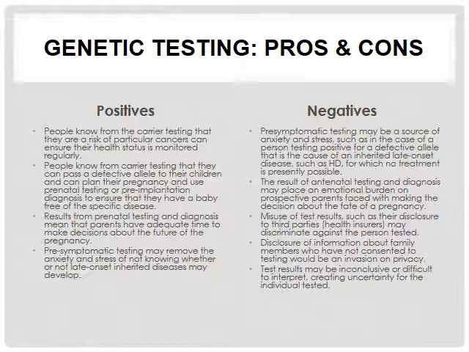In society, genetic testing seems to pose as many positives as it does negatives, and you can have a bit of a read about the different positives and negatives here. But as a whole, in terms of the positives, you're pretty much looking at early detection.